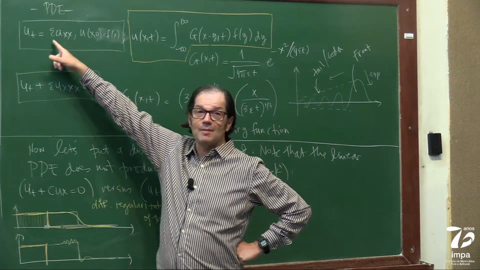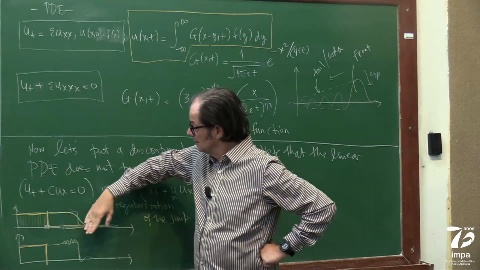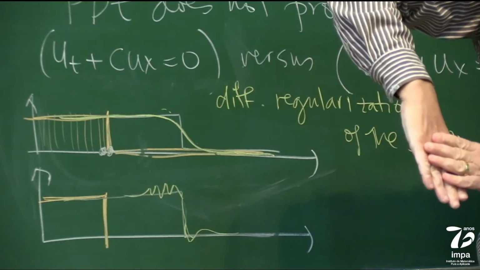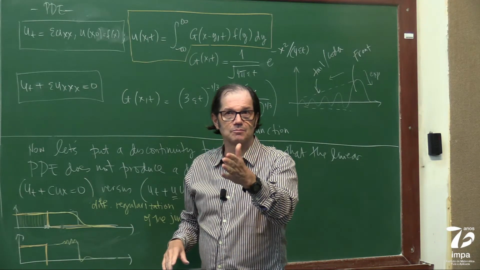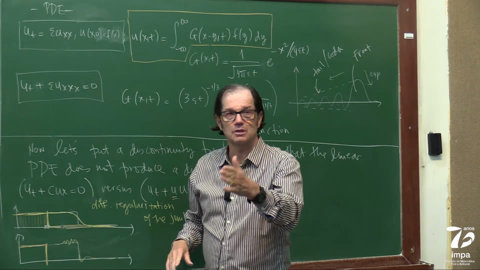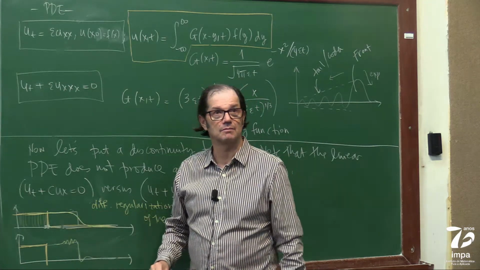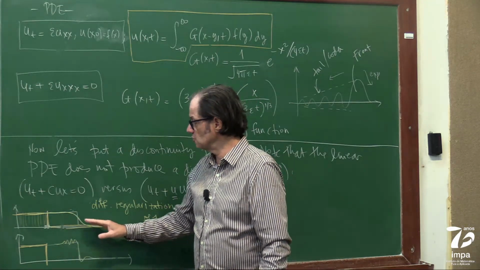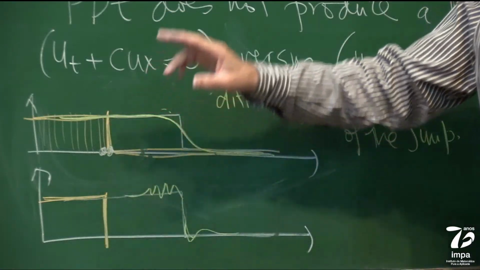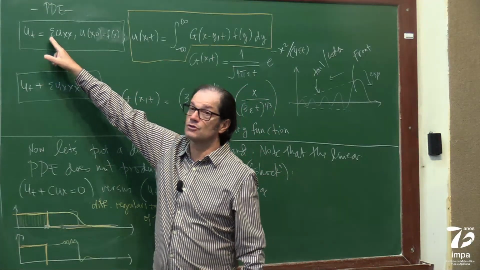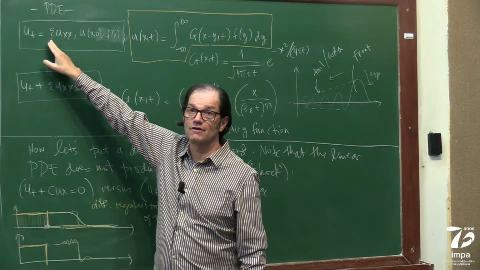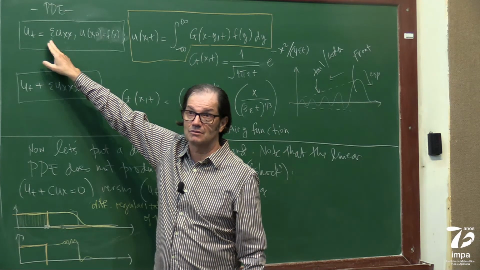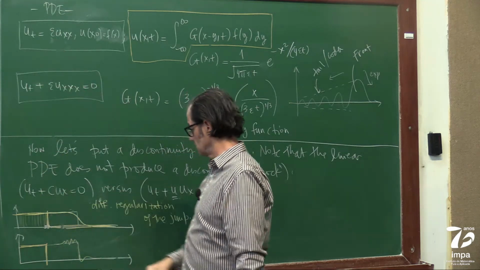Here, if you let the epsilon go to 0, this becomes steeper, steeper, steeper, and eventually goes to the jump. There are some exercises we did in the PDEs and applications course where you see this explicitly. And this is usually called a viscous shock, because this epsilon here from the heat equation, for those who do fluids, plays a little bit the role of viscosity. So this is called a viscous shock.